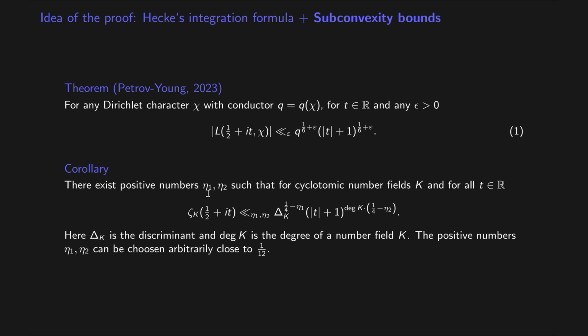So from functoriality we can get this estimate for the Dedekind zeta function. And I guess one thing which is missing here is the absolute value. This is an estimate, of course, of the absolute value of the number.